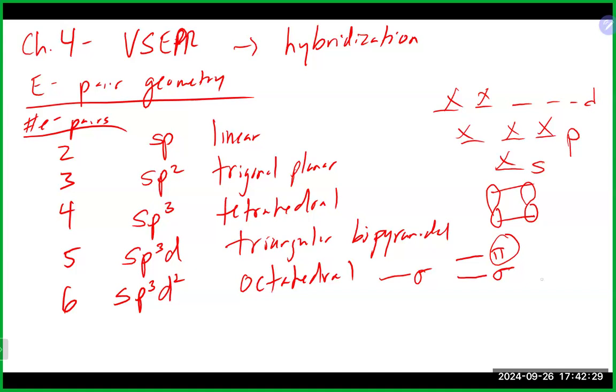Again, a triple bond works the same way. We have a sigma bond, and we actually will have two pi bonds happening. Both of these are from unhybridized p orbitals, again doing that sideways overlap.